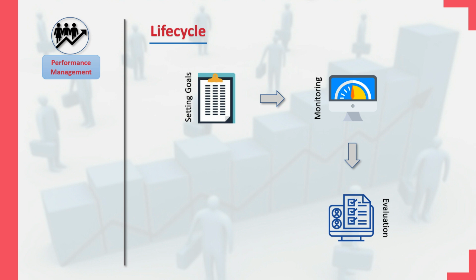And then towards the end of the year, we have the evaluation phase. There is an evaluation period which can be equivalent to two or three months. The evaluation phase involves both employees and managers.